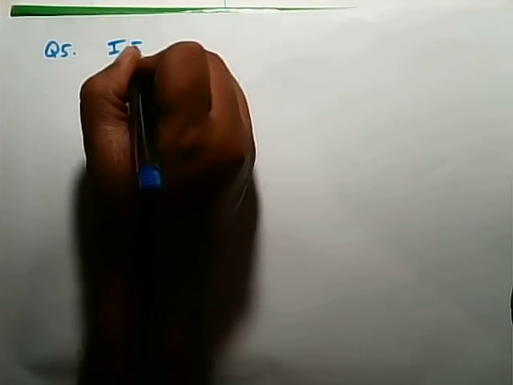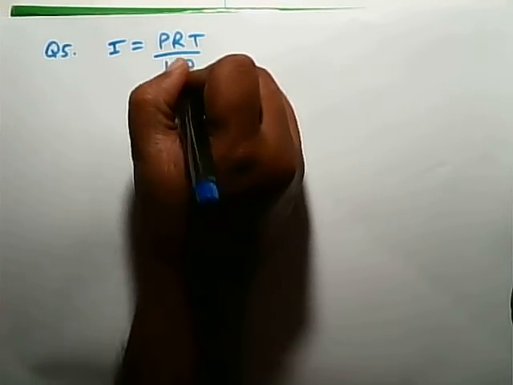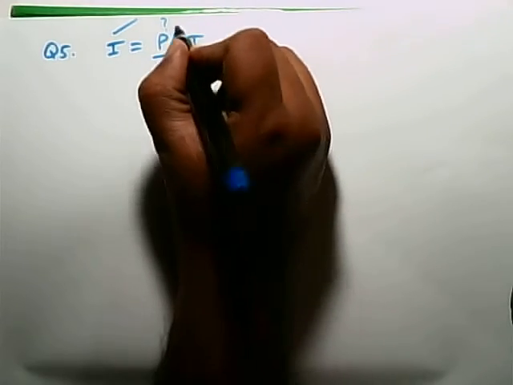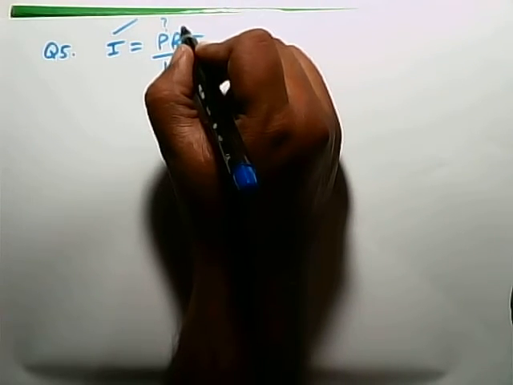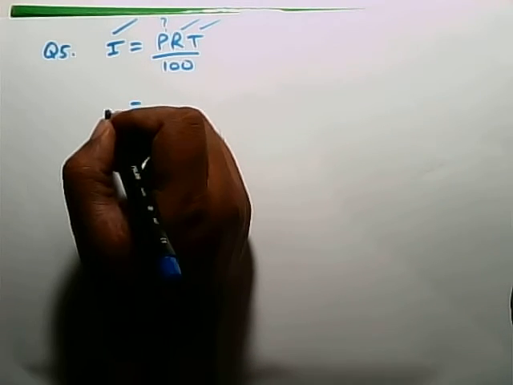Last one, question 5. Simple interest is equal to PRT over 100. We know the simple interest, we don't know principal, but we know rate and we know time. So we go ahead and we substitute.